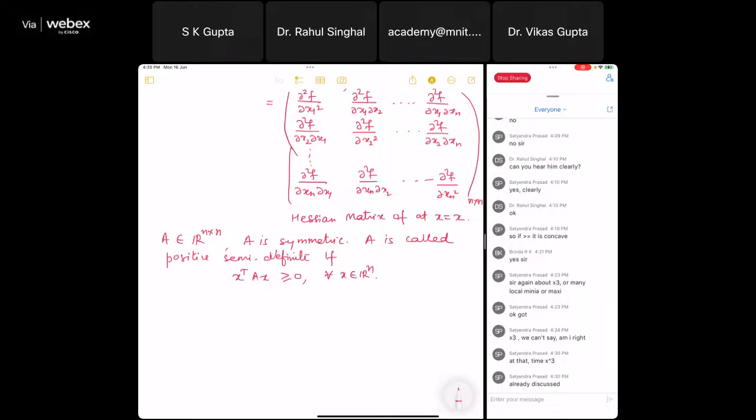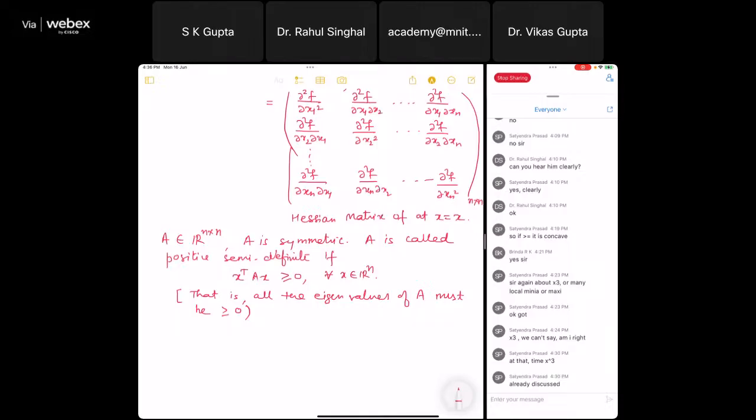So if this property holds, then we say that the given matrix is positive semi-definite. The important test to see whether a given matrix is positive semi-definite or not is that all the eigenvalues of A must be greater than or equal to 0.